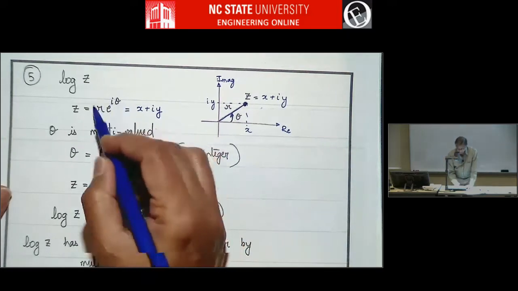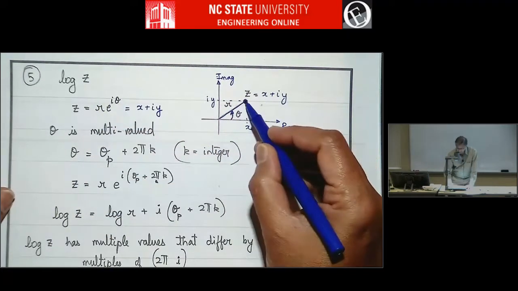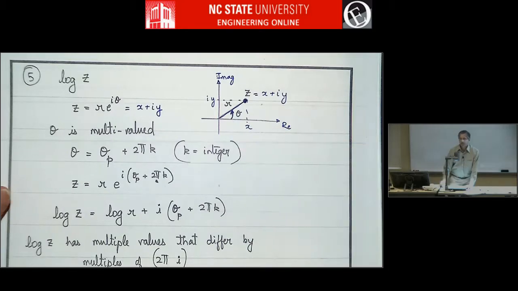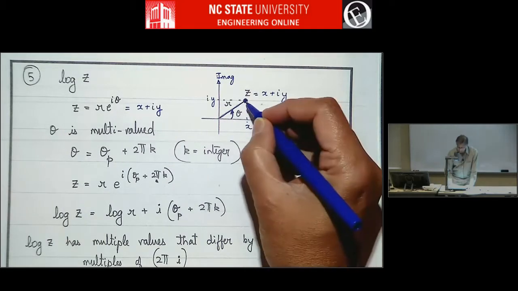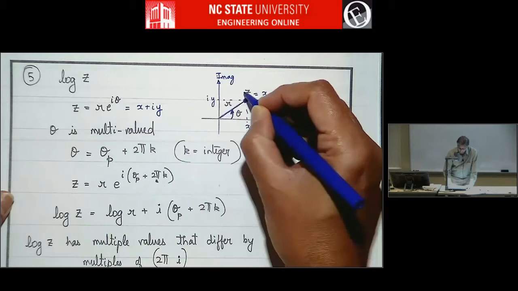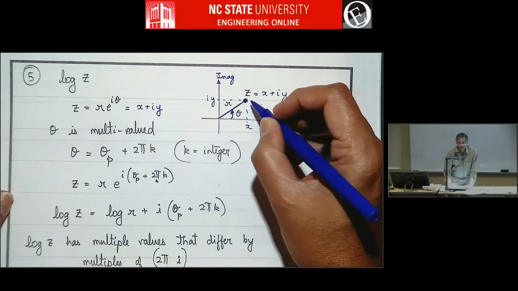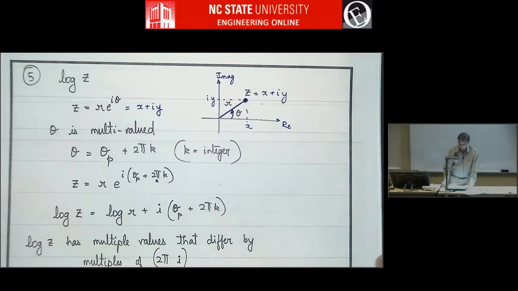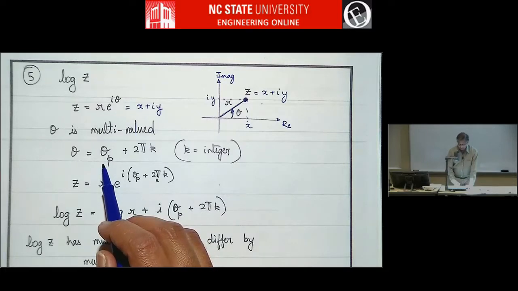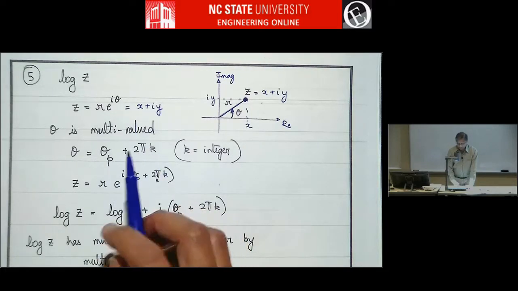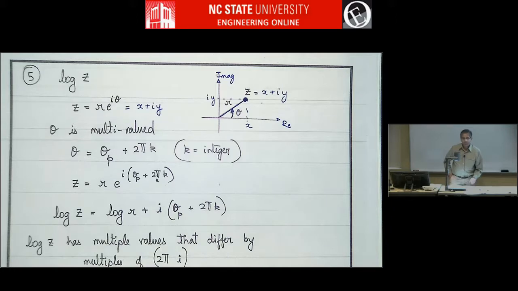The problem with this notation is that the theta is multi-valued. In other words, you can take this theta, and if you add 2 pi to it, you're going to get the same z, right? So theta is really some theta p plus 2 pi times k, where k is an integer.